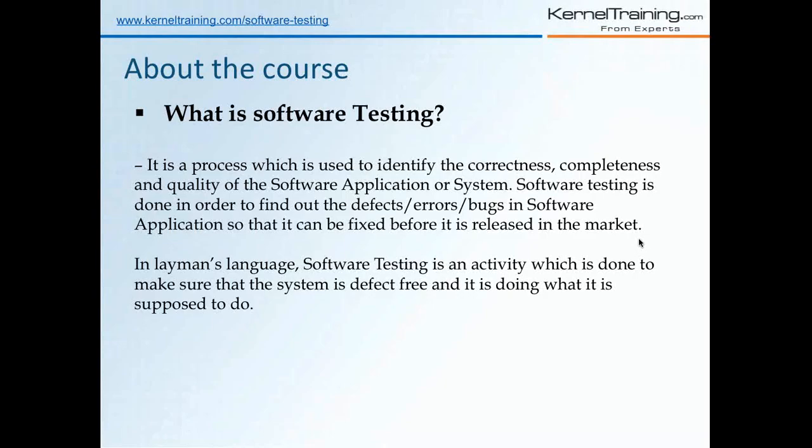When you input a valid username and valid password, it should allow you to enter the system. And when you use any invalid input, it should not allow you to enter the system. These are the kinds of scenarios, the test cases, which we execute to make sure that the application is performing the way it is supposed to perform.